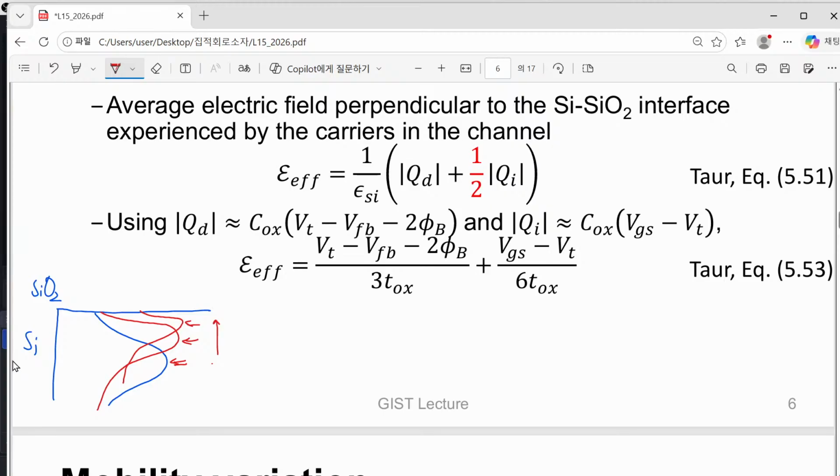Already we are saying that our electrons are quite close to the interface. From the starting point, we thought that. But when I say close or far away, in every case they are just within 3 or 4 nanometers from the interface.